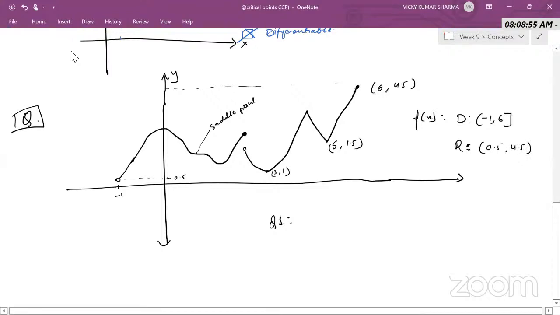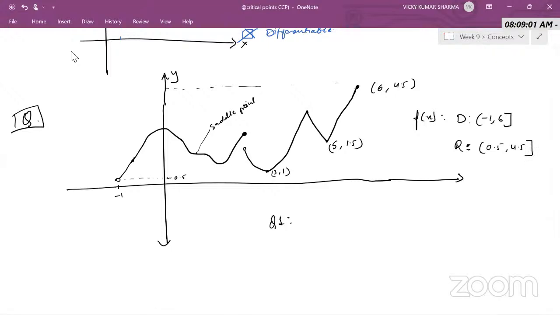It is wrong to write this also, but let me say that this is what it is for trivial understanding, just for understanding some other concepts. Okay, so question 1 is, in its domain, how many critical points are there?